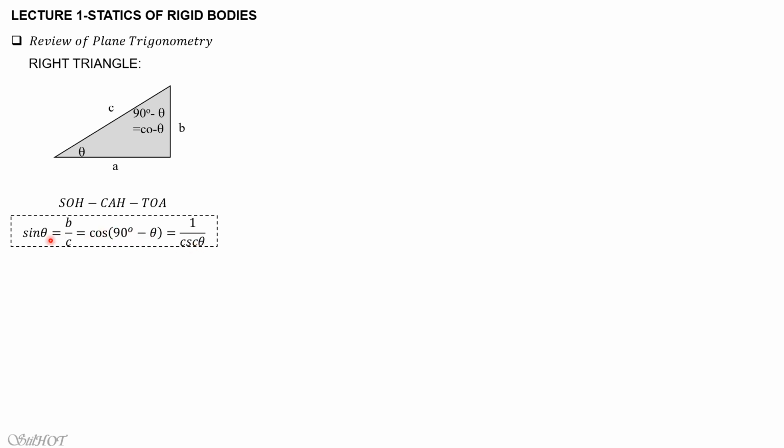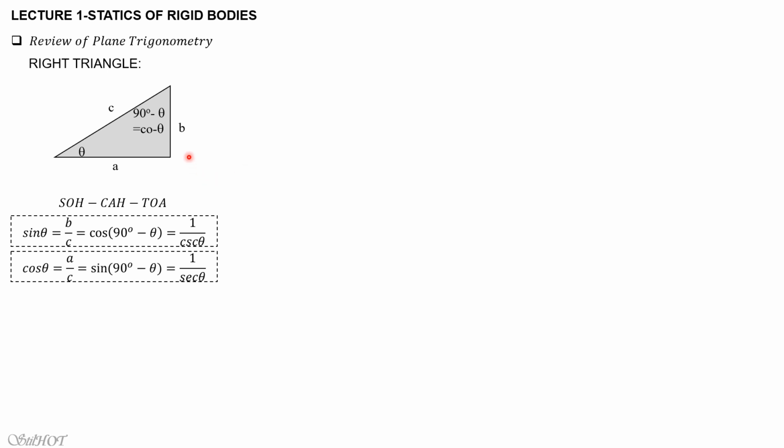So sine theta is also 1 over cosecant of theta. Then cosine theta, which is equal to adjacent side A over C, is also equal to sine of 90 degrees minus theta, and it is equal to 1 over secant of theta.